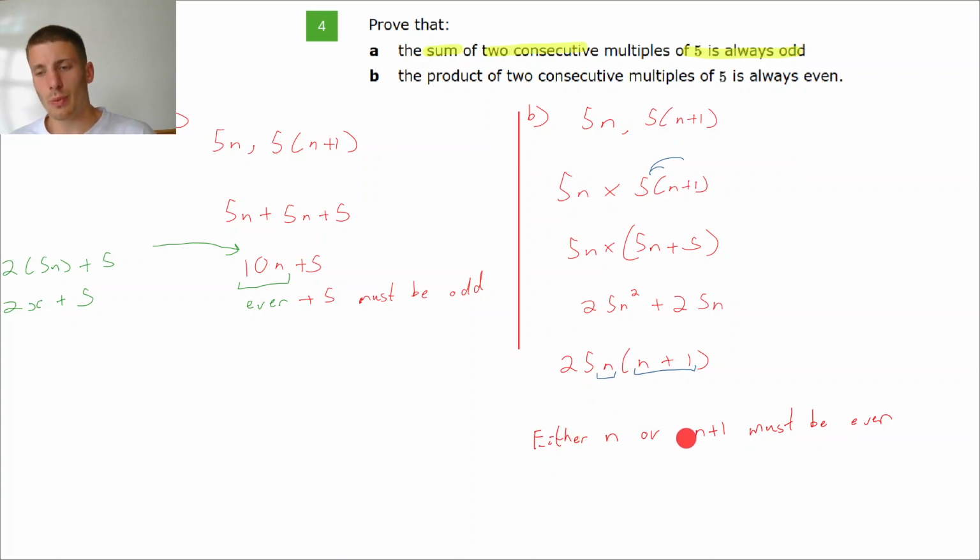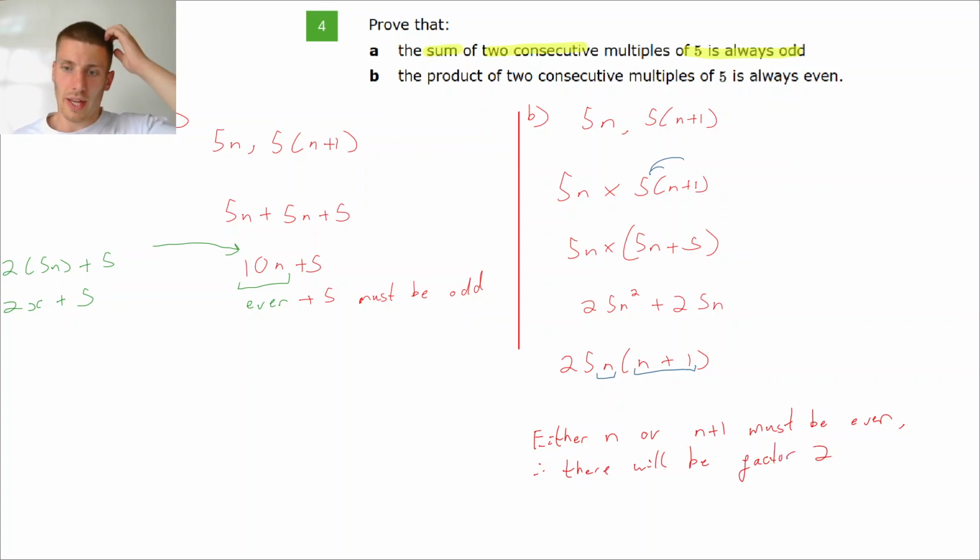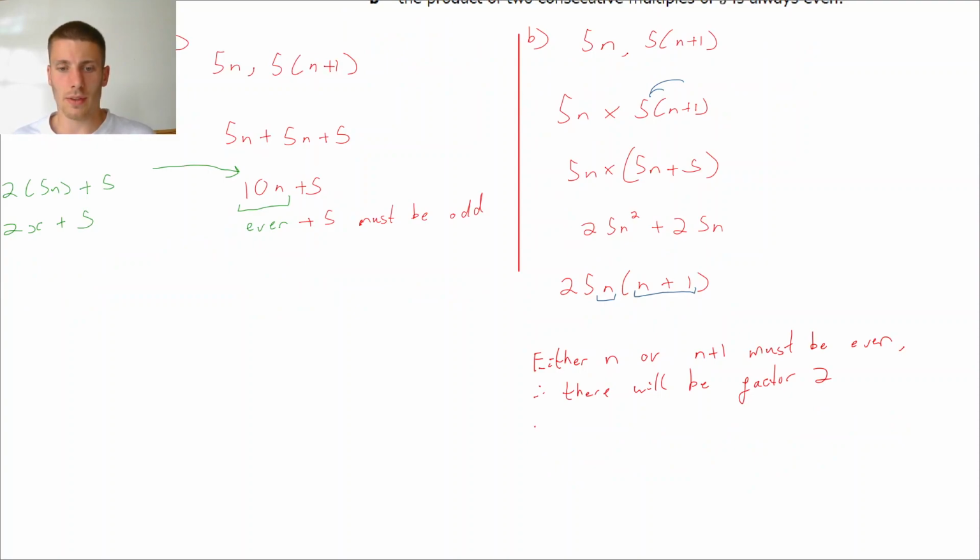So either n or n plus 1 must be even. Therefore, there will be a factor of 2. Thus we get an even result.